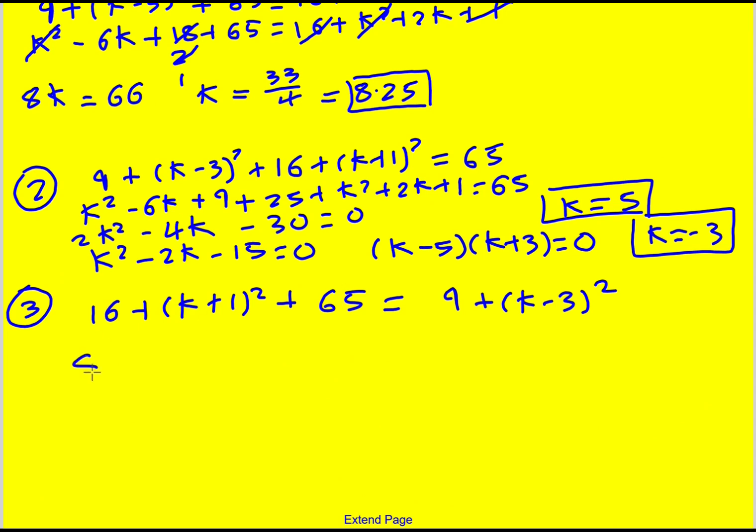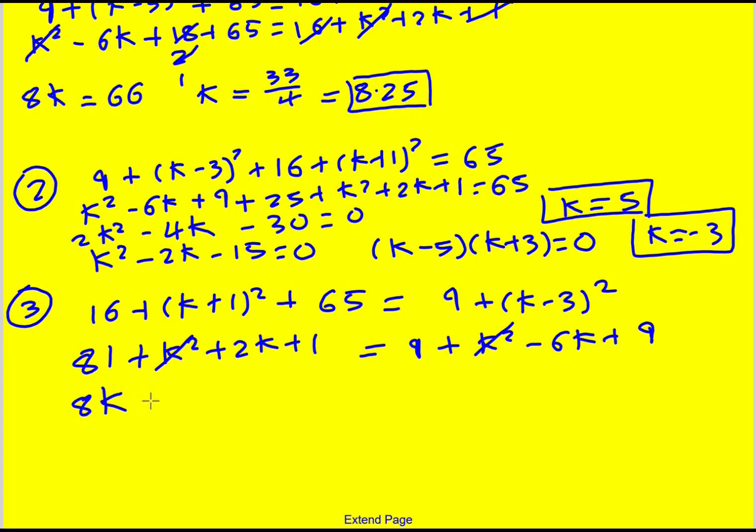So 81 plus k squared plus 2k plus 1 equals 9 plus k squared minus 6k plus 9. K squareds cancel. I'm going to get 8k equals 18 minus 82. That is going to be 60 minus 64, giving us k equals minus 8.